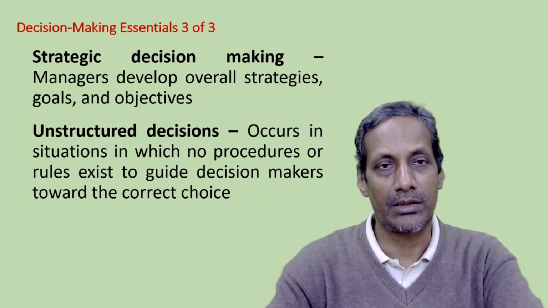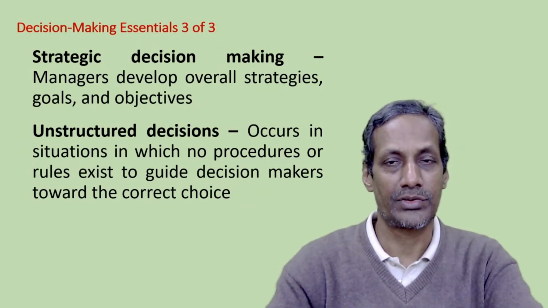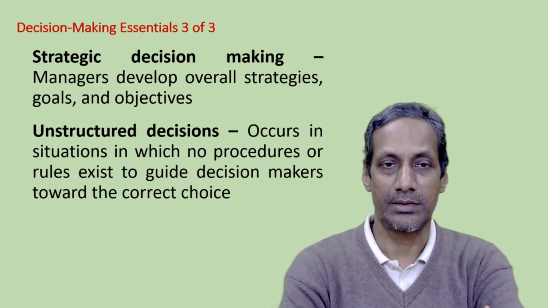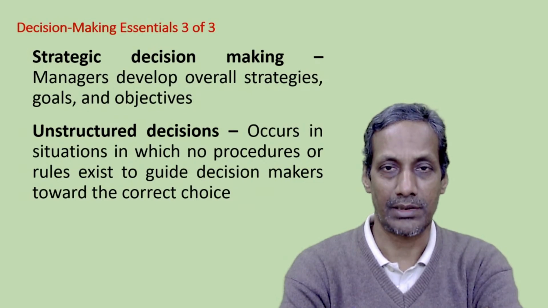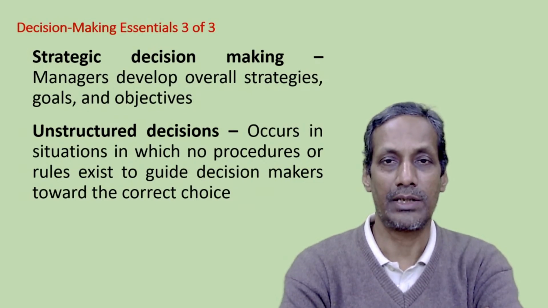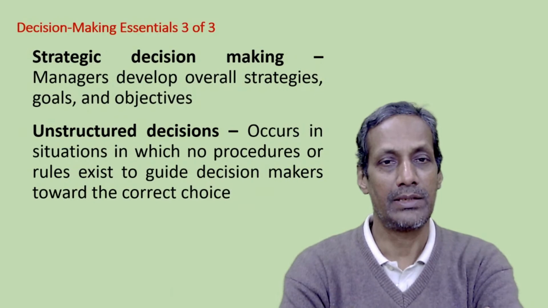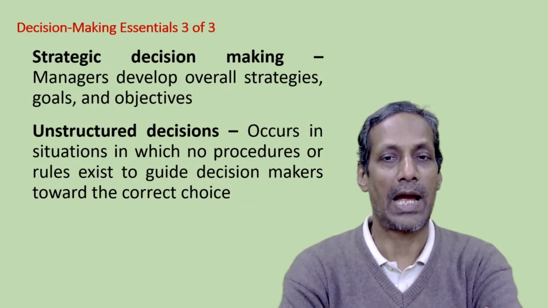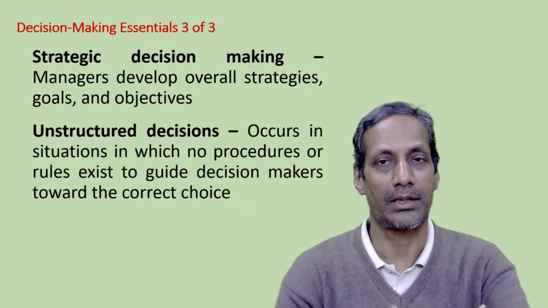Senior managers or the top managers who develop overall strategies, goals, and objectives make unstructured decisions. And these kinds of decisions can occur in situations in which no procedures or rules exist to guide decision makers towards the correct choice.